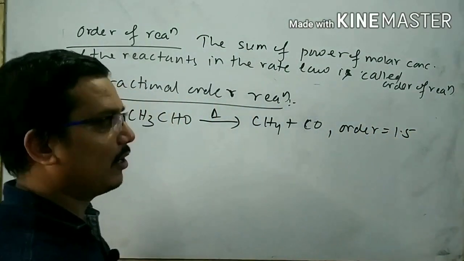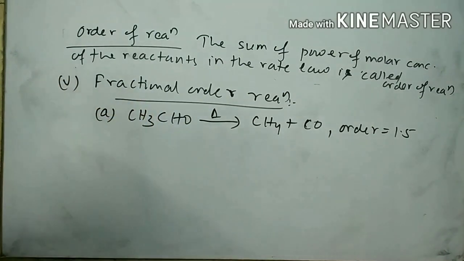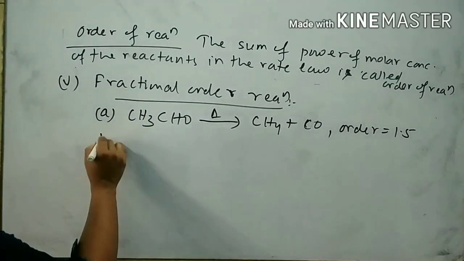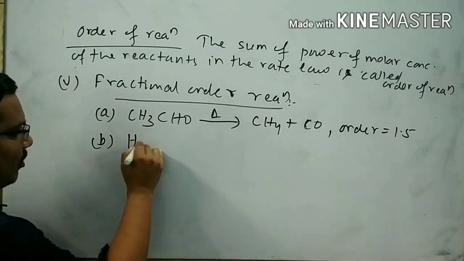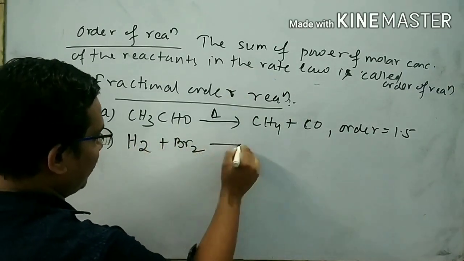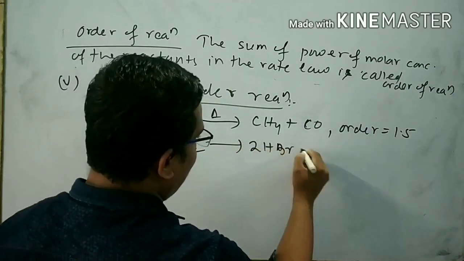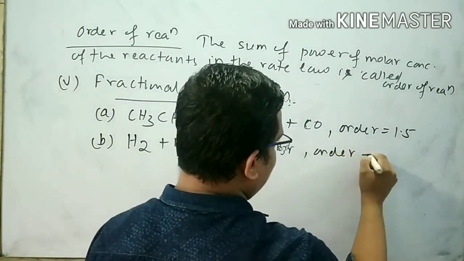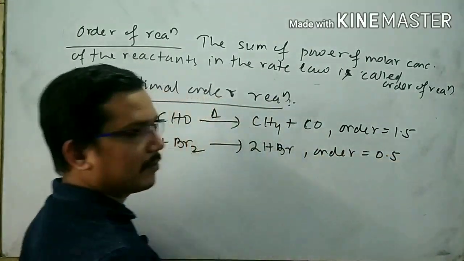This is a fractional value, so this reaction belongs to the fractional order reactions. The next example is H2 plus Br2 gives 2HBr. The order of reaction is 0.5.